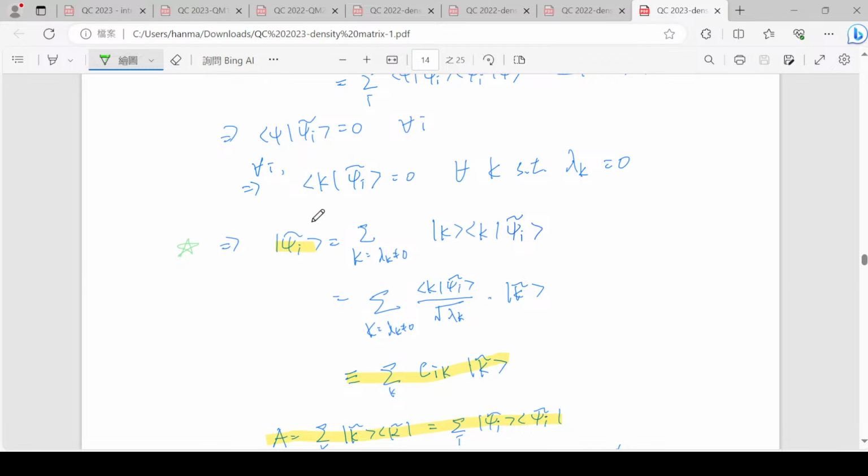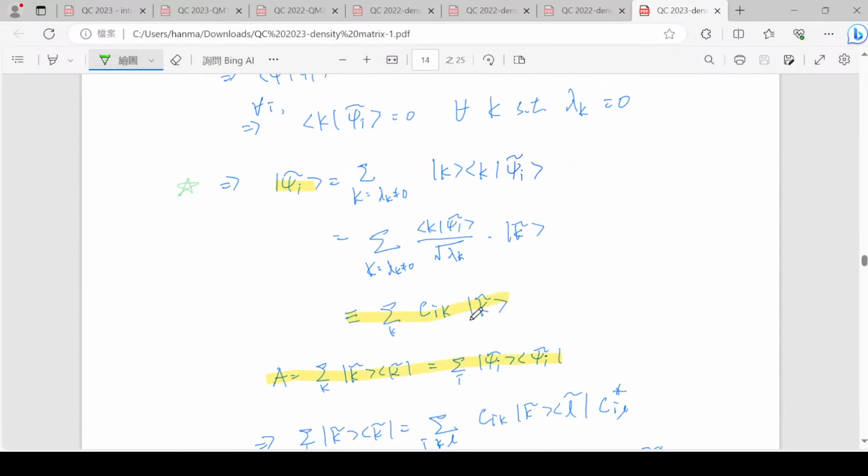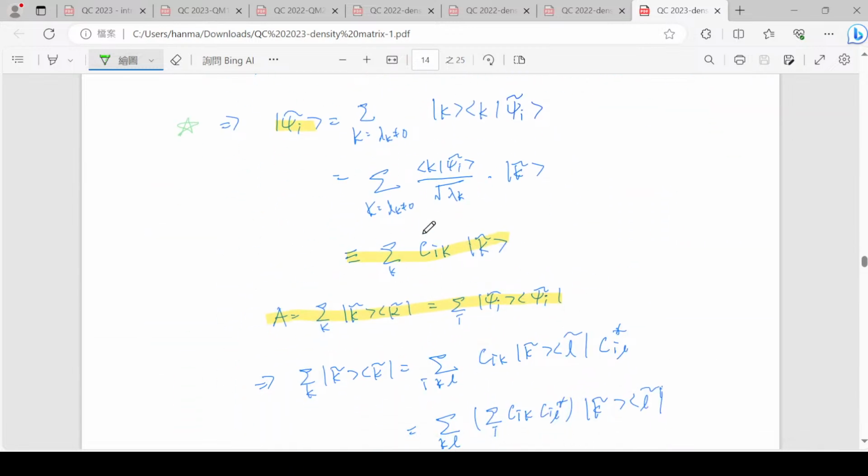So we can brute force write down psi tilde as some linear combination of k tilde, because at least we know the k are also an orthonormal basis. So k tilde is not normal anymore, but k tilde is also an orthogonal basis. So we write every psi tilde as a linear combination of k tilde.